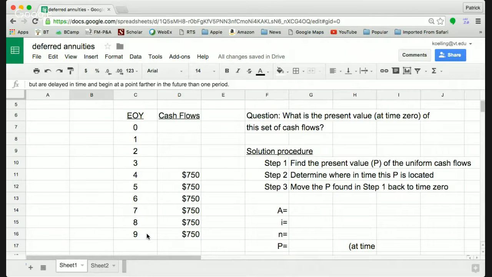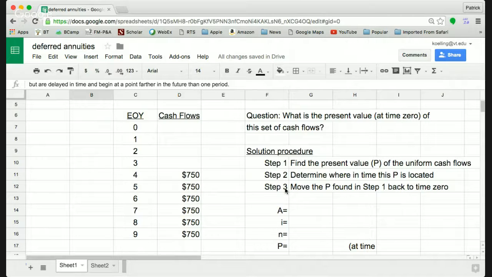So the correct calculation would be 9 minus 4 plus 1, because 9 minus 4 is 5 plus 1 is 6. There are 6 cash flows. The way I think of it is I just take 9 minus 3. 3 is the last year in which there is not a cash flow. And that would also give us a uniform series of 6 cash flows. So there are 3 steps, as you can see, in solving these.